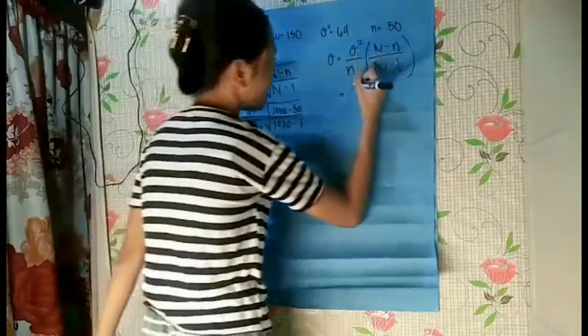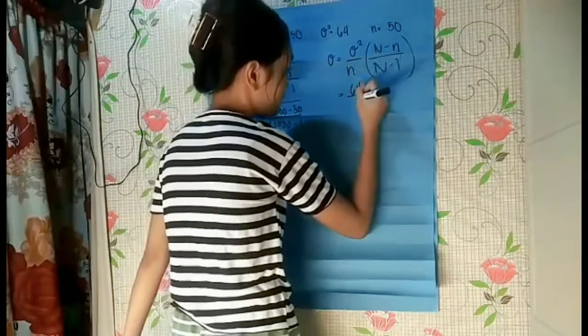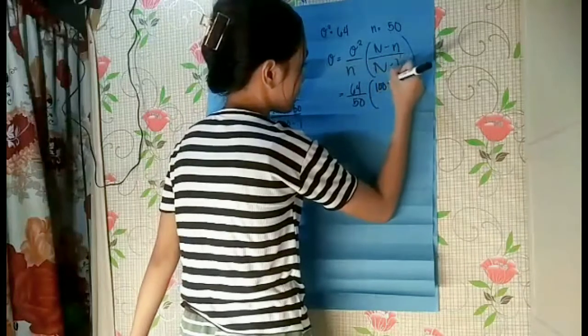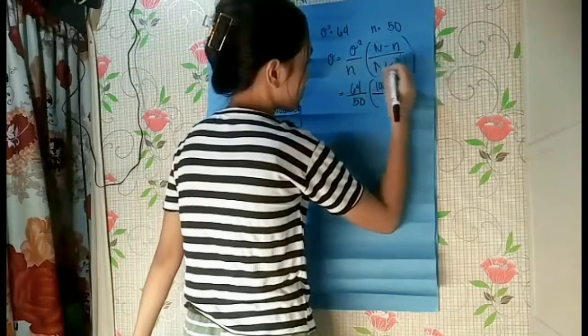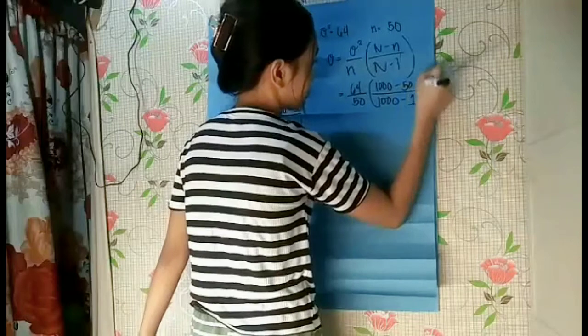The variance is 64 over the sample size, which is 50, multiplied by 1,000 as the population minus the 50, which is the sample size, over 1,000 minus 1.